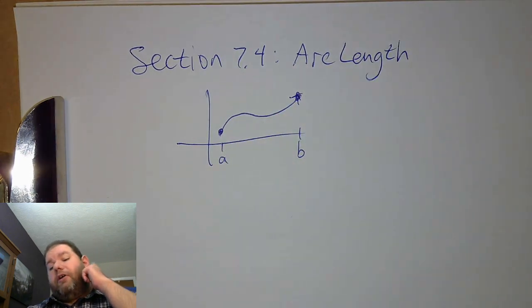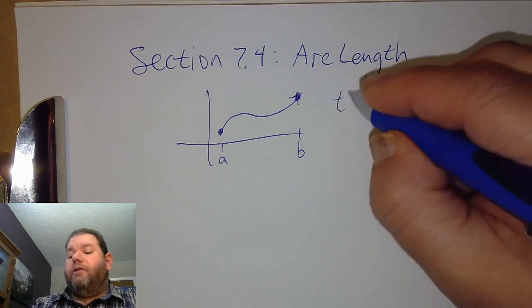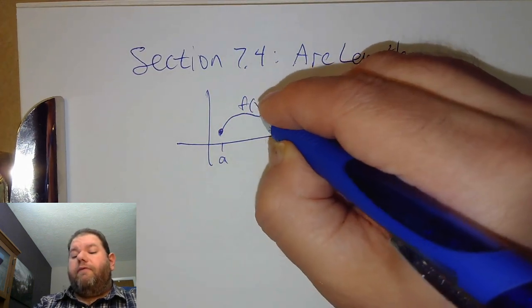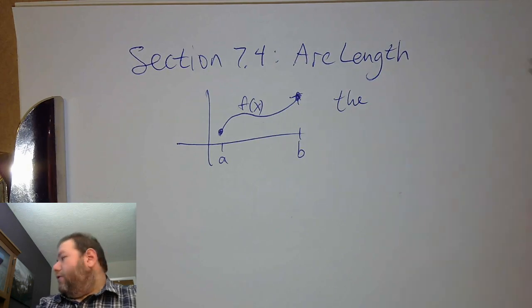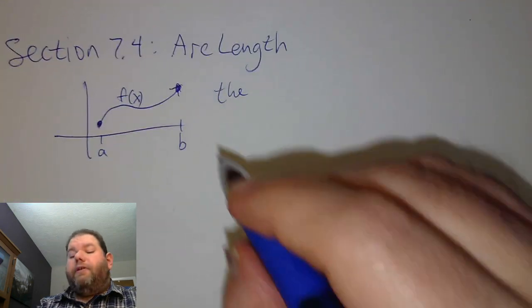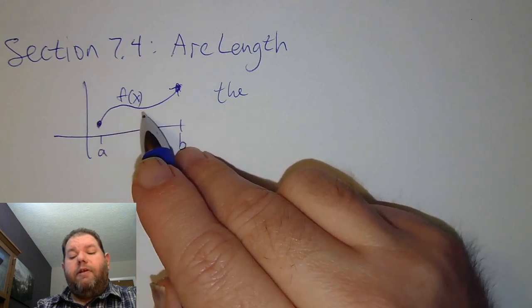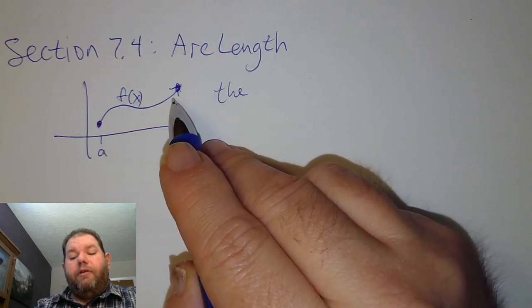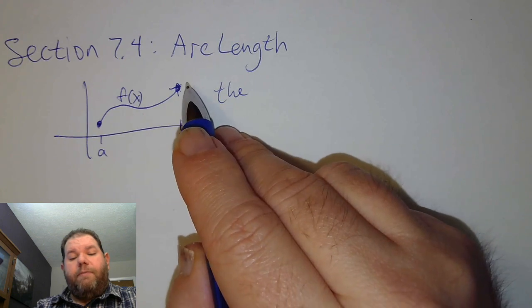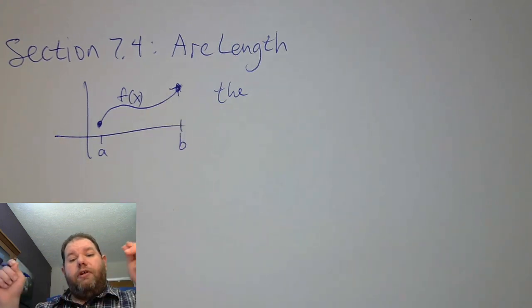So when we talk about the arc length, and this is a function f of x that defines the curve, the arc length is the length that we would get by taking this part of the function from A to B, stretching it out, and then measuring how long the result would be.